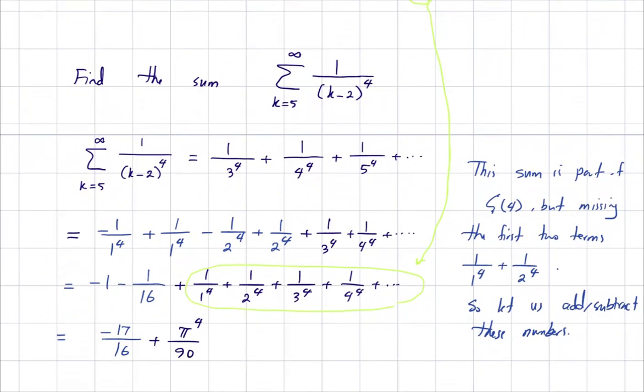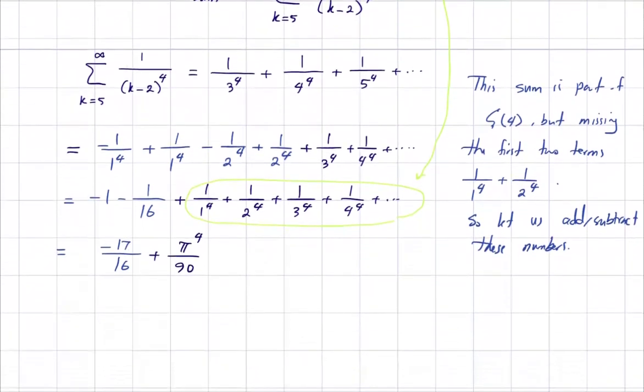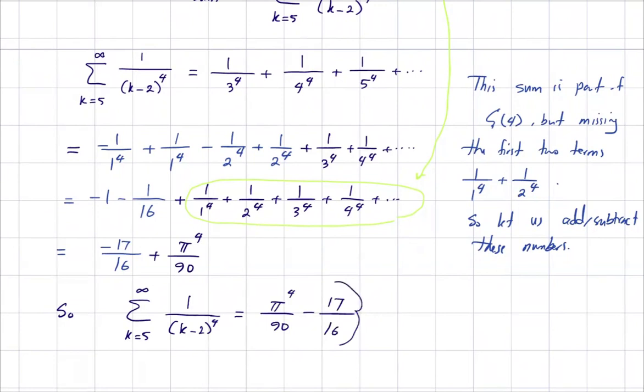So what is our conclusion? The summation of all of these terms, 1 over k minus 2 to power 4, k starts from 5 to infinity, is equal to pi to the 4 over 90 minus 17 divided by 16.